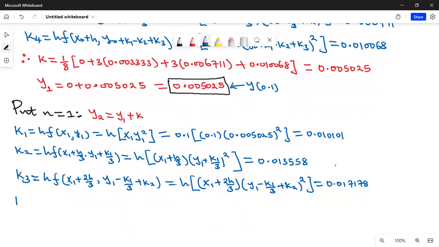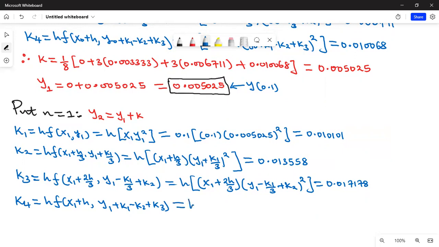So our k4 is equals to h f of x1 plus h, y1 plus k1 minus k2 plus k3.